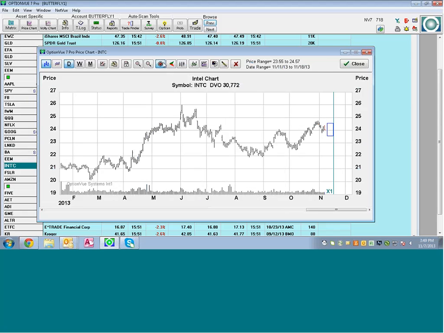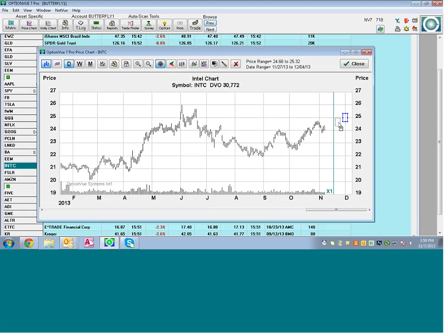When I click this bullseye button, it gives me a rectangular box. I just left click in the middle of the rectangle, and I can move it up, down, or to the right. I can even make it turn into a square and condense it further.